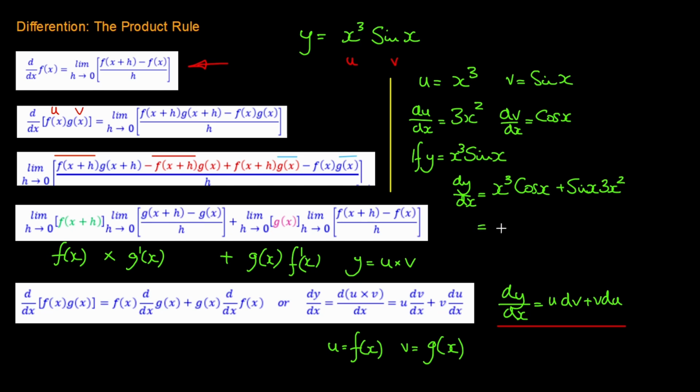So if you wanted to just make this a little bit neater, the first term's okay. This is x cubed cos x plus, and I think put the 3x squared here, sine x.